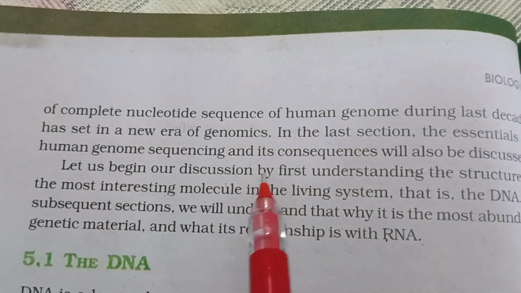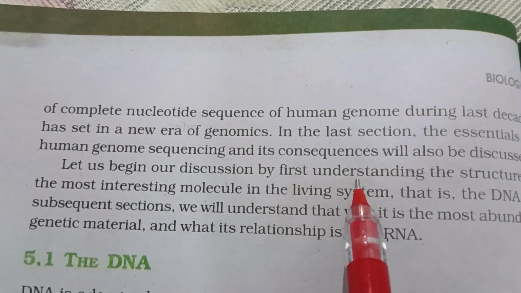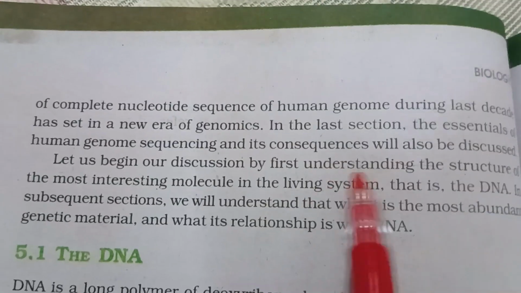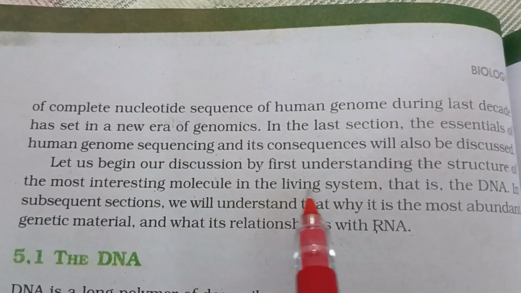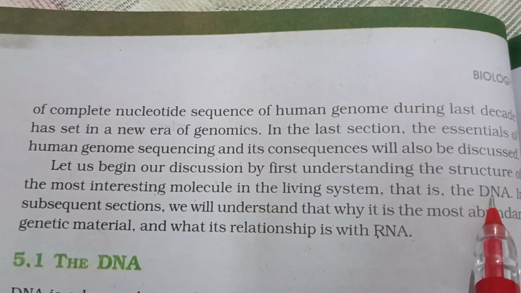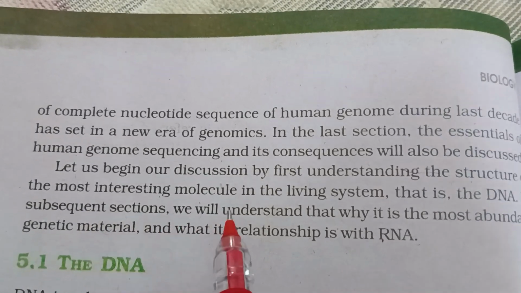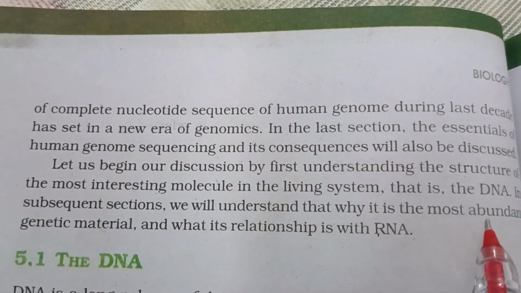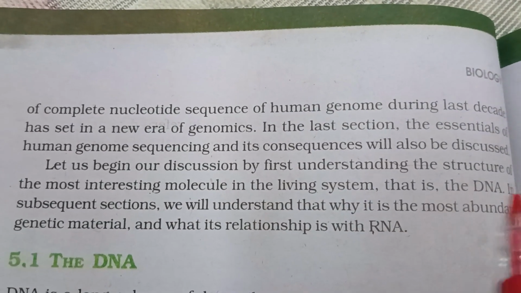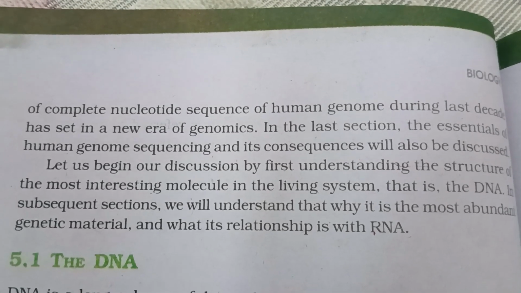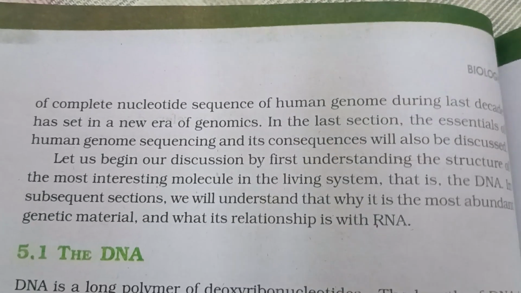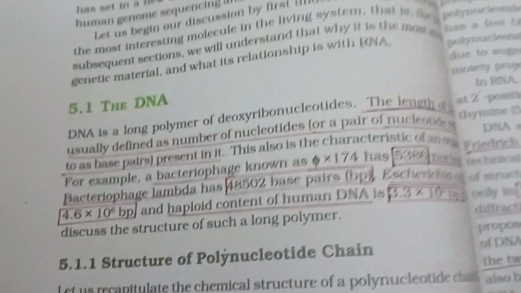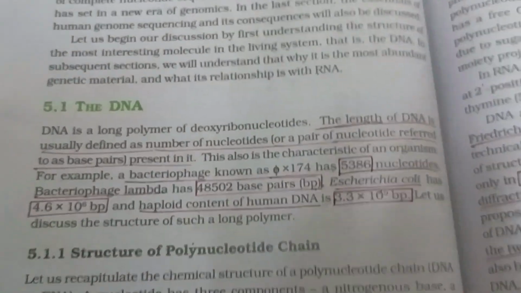So let's begin our discussion by first understanding the structure of the most interesting molecule in the living system, that is the DNA. In the subsequent sections, we will understand why it is important, why it is the most abundant genetic material, and what is its relationship with RNA. So let's start with DNA.